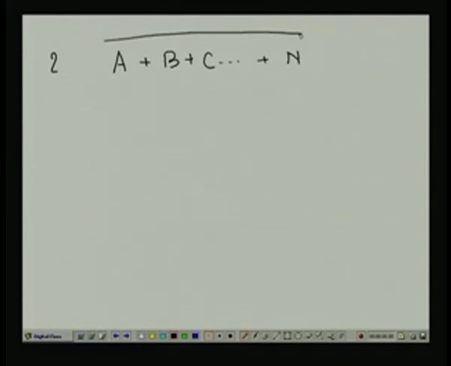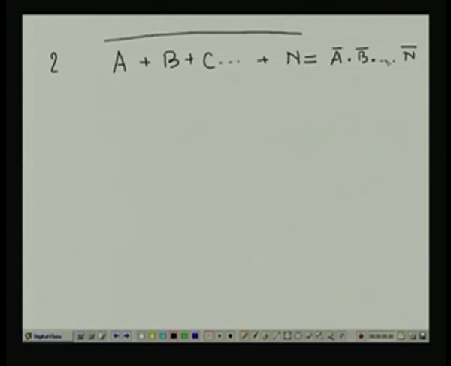Then De Morgan's law tells that if we take each variable inverted, a bar, b bar and then up to n bar, and we take, instead of plus operator we are taking as a dot operator, then it will be the result. So, the first rule tell the reversing.